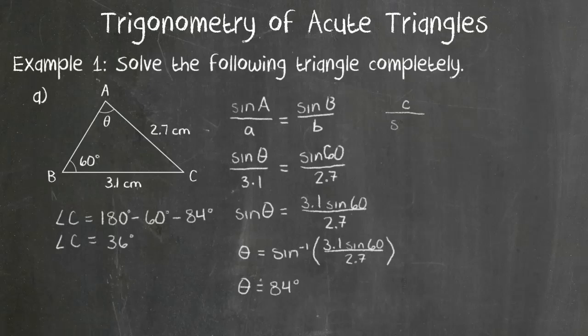The last thing I need to solve for in this triangle is side c. Again, I'm going to use my sine law. This time, though, because I'm looking for the side, I want that as my numerator. So I'm going to have c over the sine of C equals b over the sine of B. My next step, I sub in my knowns. So c over the sine of 36 degrees is equal to 2.7 over the sine of 60 degrees.